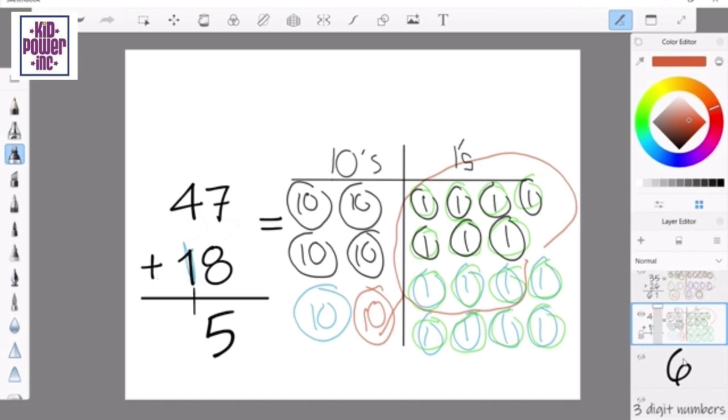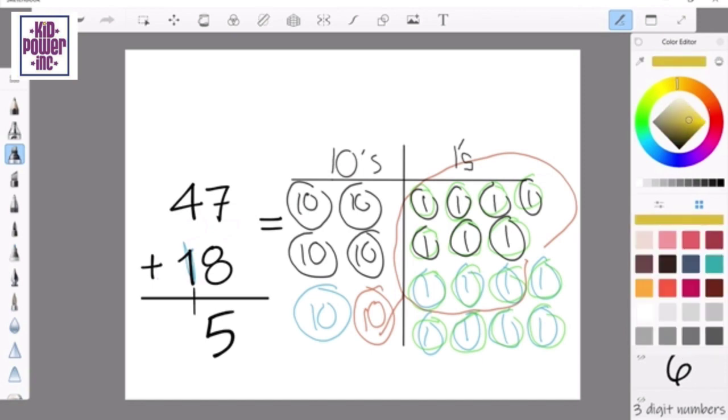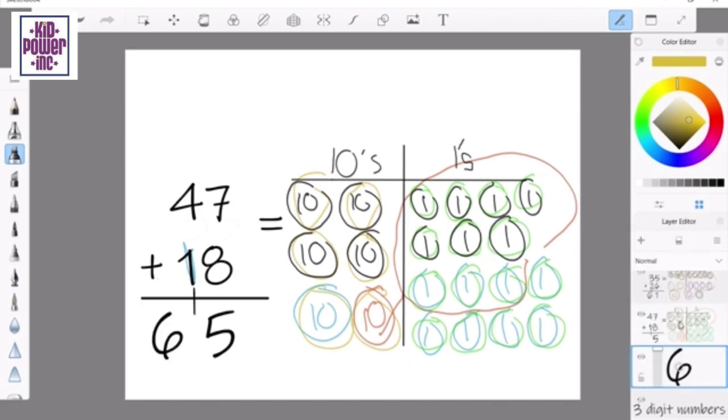We have 1, 2, 3, 4, 5, 6. So now, since there are 6, we plug that in to the place and we move on. So now we know that 47 plus 18 equals 65.